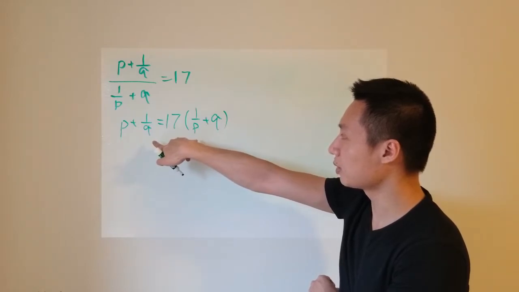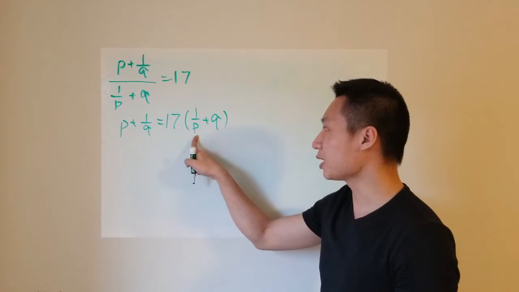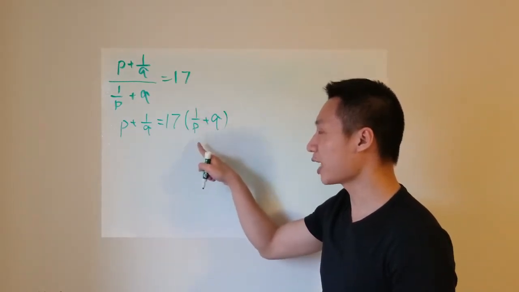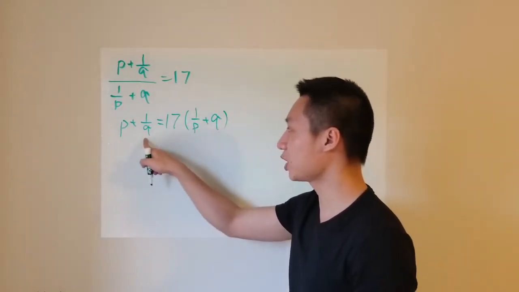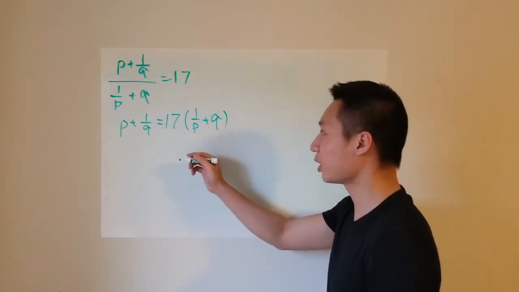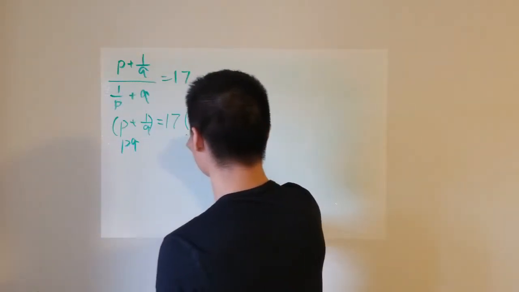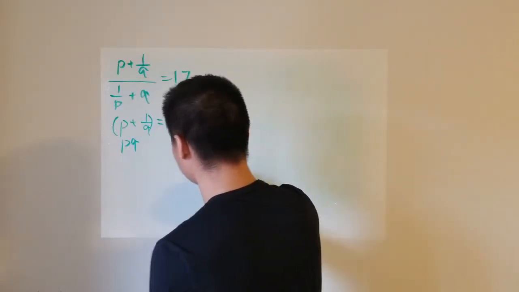We need to first multiply both sides by p to get rid of this fraction, and we also need to multiply both sides by q to get rid of this fraction. So on both sides we have to multiply by pq.